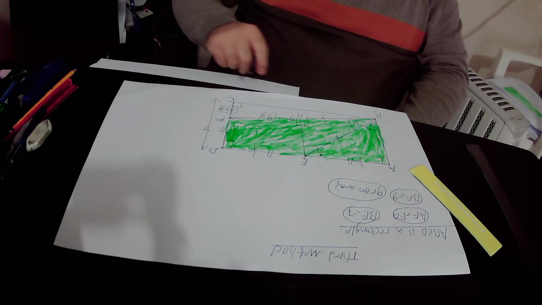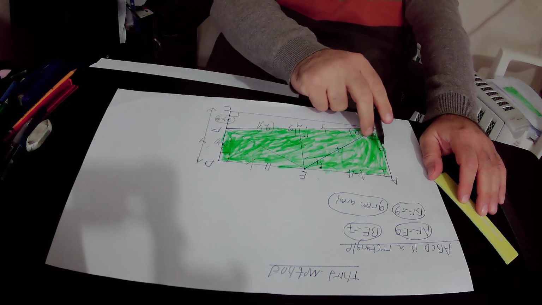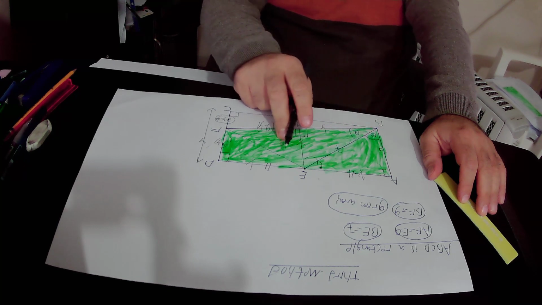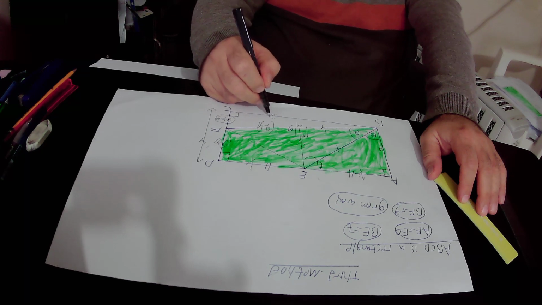And we also know that the opposite sides of a rectangle are equal to each other. That is to say, AD equals BC. But AD equals x plus x, that is to say, AD equals 2x, therefore BC will also equal 2x.